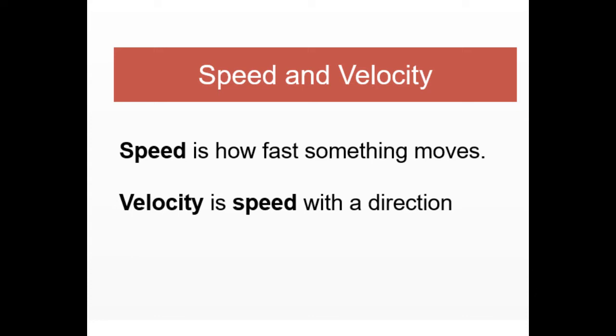Meanwhile, velocity is a vector quantity that refers to the rate at which an object changes its position. Imagine a person moving rapidly one step forward and one step backward, always returning to the original starting position.